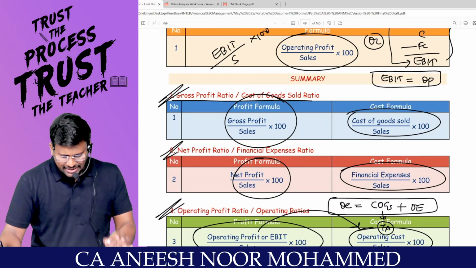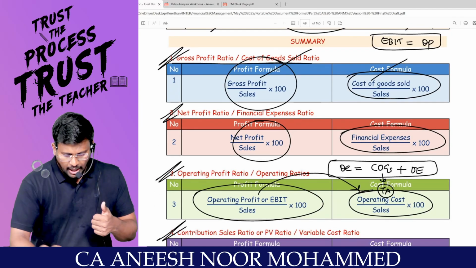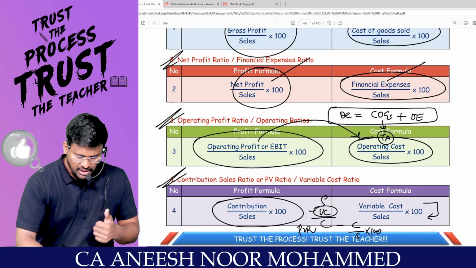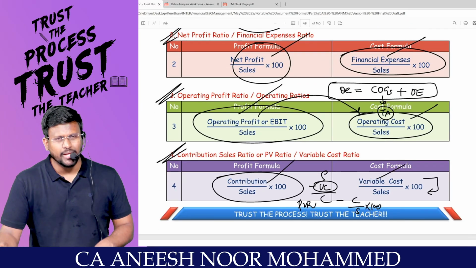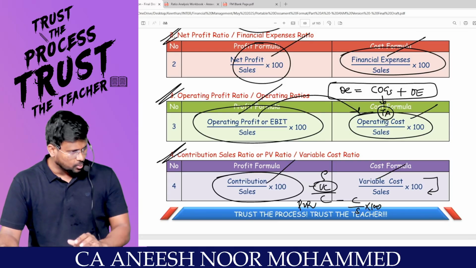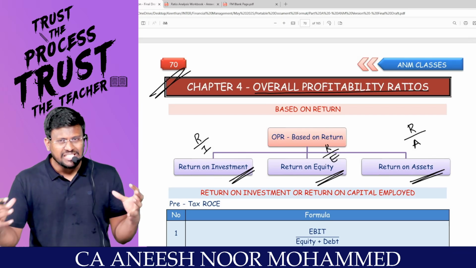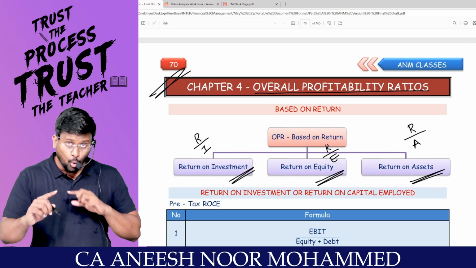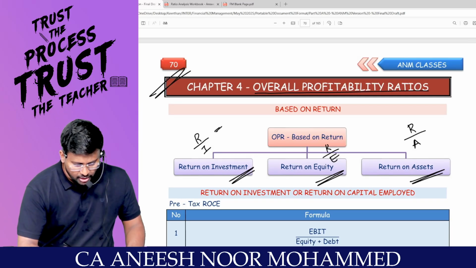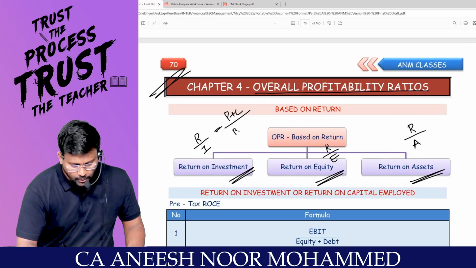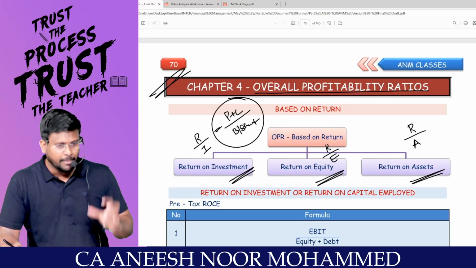If you check the profitability ratios, I took GP, cost of goods sold, NP, financial expenses, operating profit, operating cost, contribution, variable cost, everything from the P&L account. That is, both numerator and denominator are from the P&L account. So that was a comparison between two P&L items, but in overall profitability, I will consider P&L and balance sheet. For example, return will be a P&L item and investment will be a balance sheet item. Are you really with me? So basically this is going to be P&L divided by balance sheet.